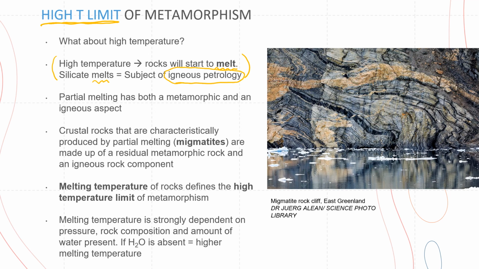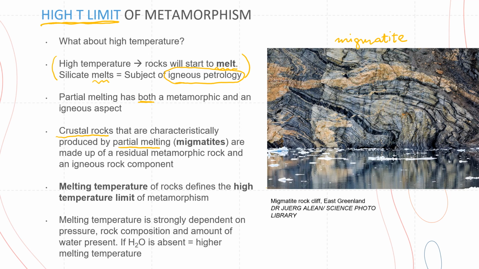So partial melting actually has both a metamorphic and igneous aspect. So if we have a look at this photo here, it's of a really interesting rock type called migmatite. So migmatite is a crustal rock that characteristically is produced by partial melting.